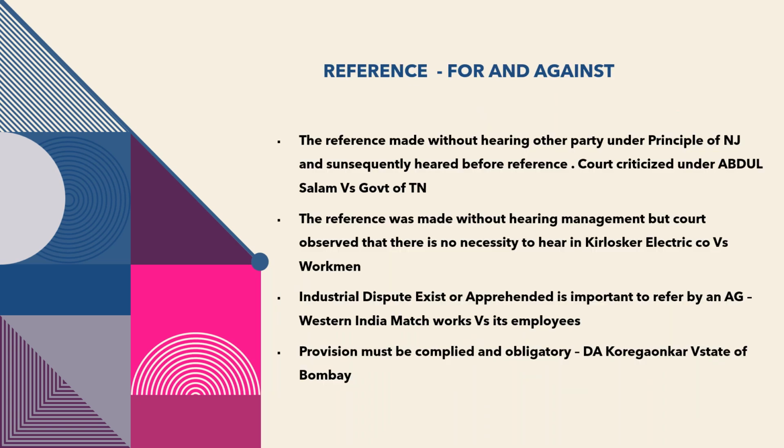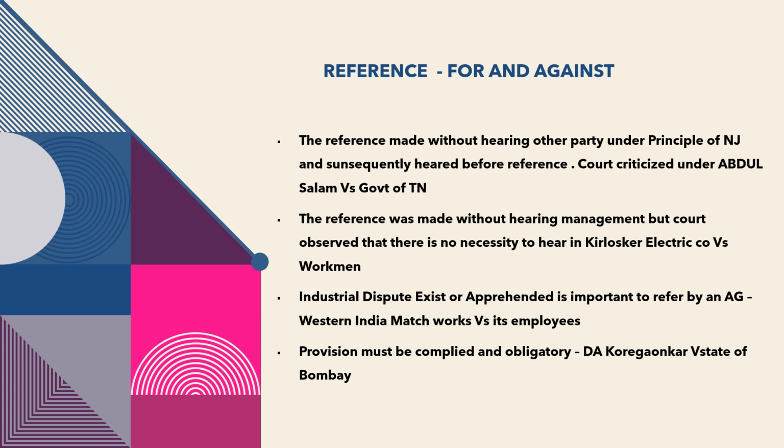Now, what does reference mean? Normally the Board of Conciliation or conciliation proceedings will happen if cases are filed by an individual workman or the trade union with respect to termination, strike or lockout. The conciliation failure proceedings will be forwarded to the respective state government, and the state government will review.